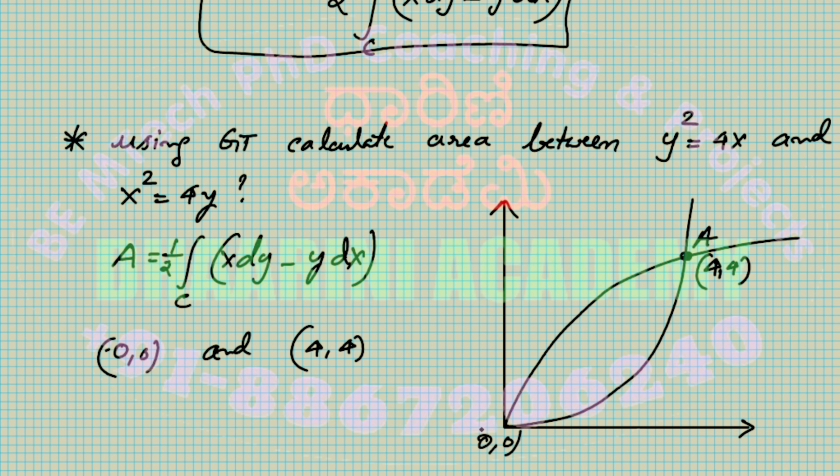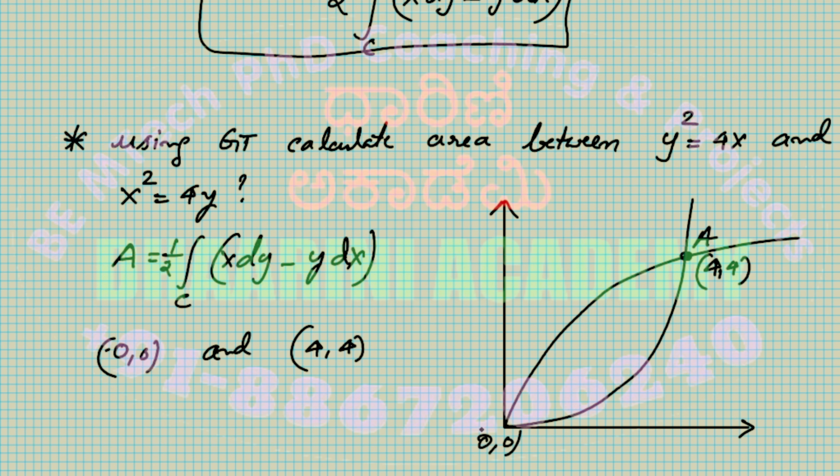Take the first part, along OA. What is the lower curve? x square equal to 4y. So OA is x square equal to 4y. Try to find what we can substitute.